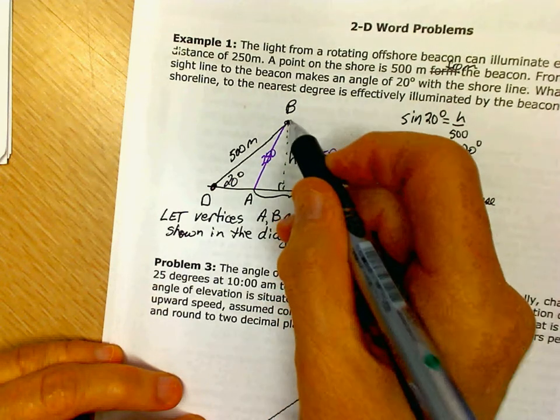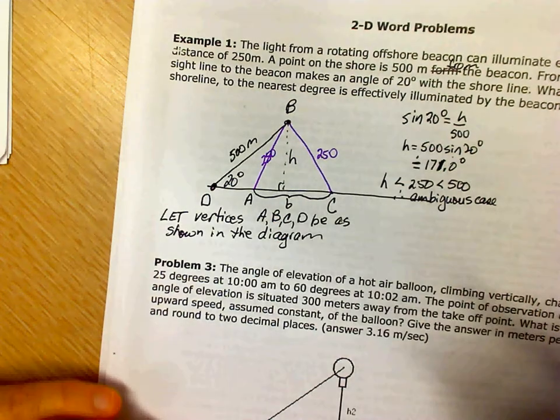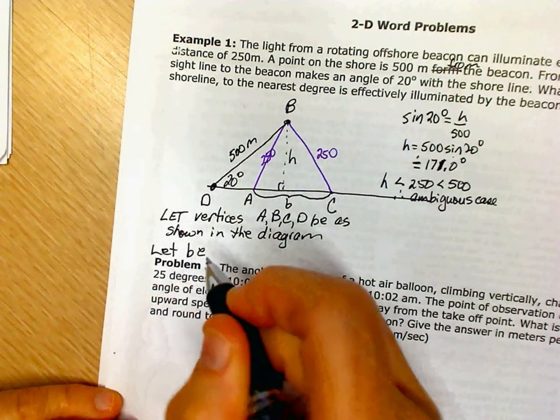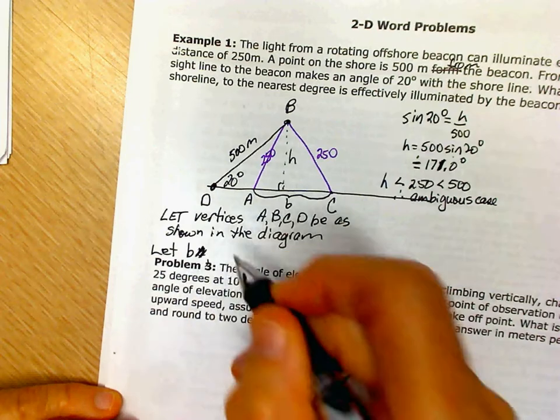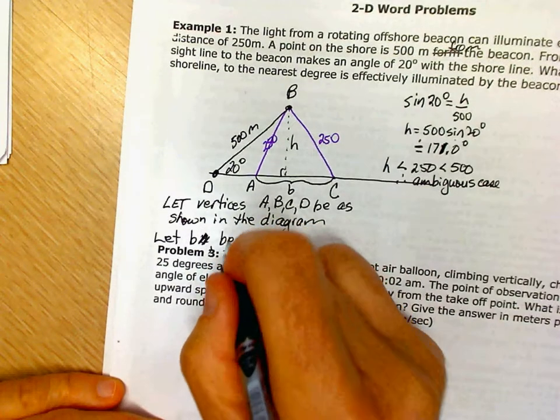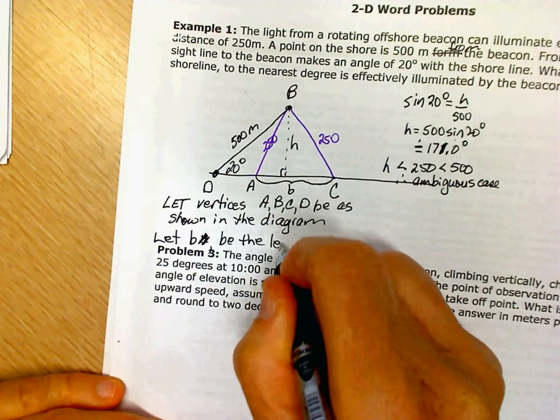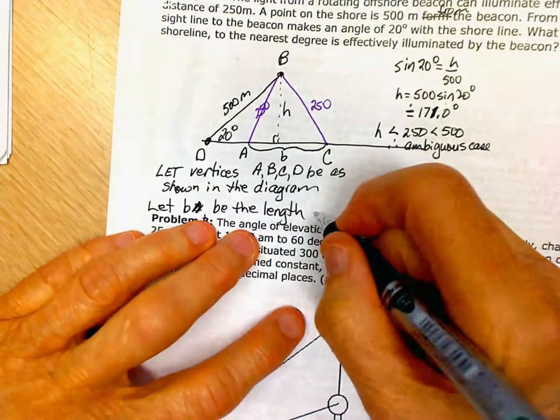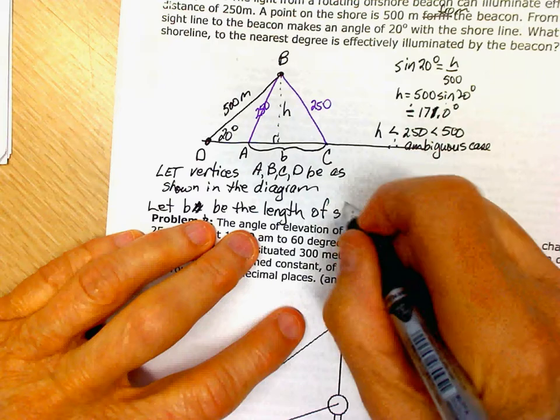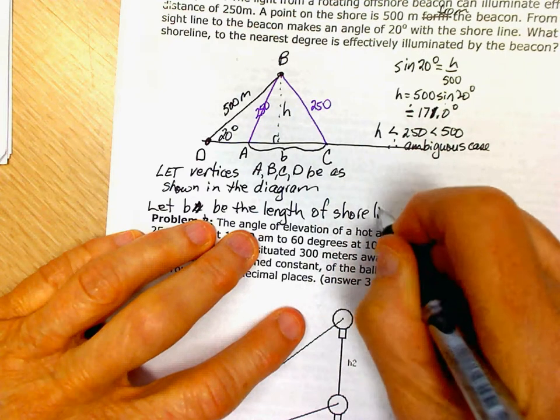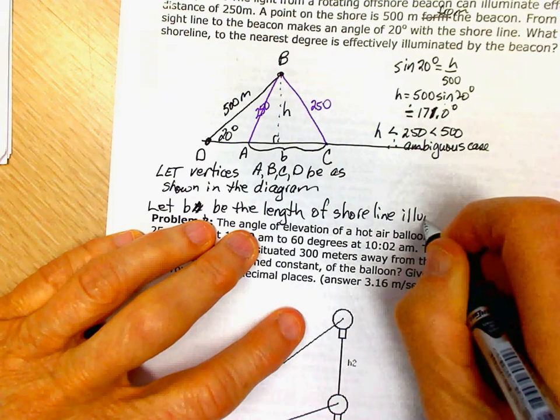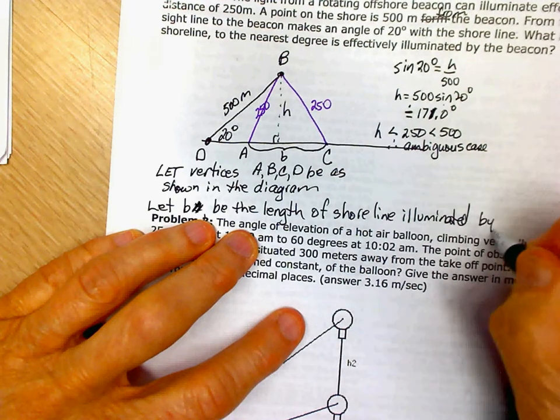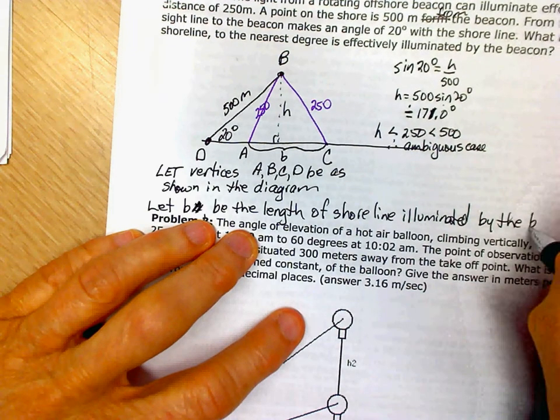Since it's opposite the B, I'm going to call that B. So let B be the length of shoreline illuminated by the beacon. The beacon is a light, right?